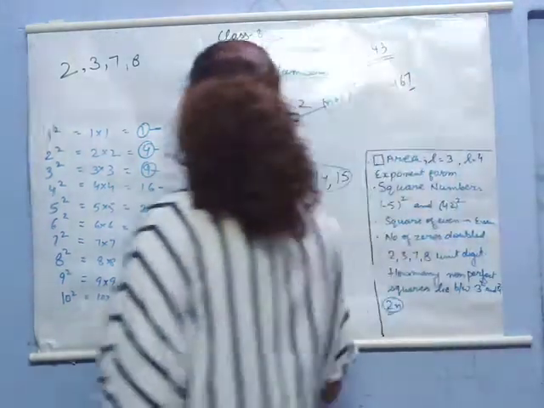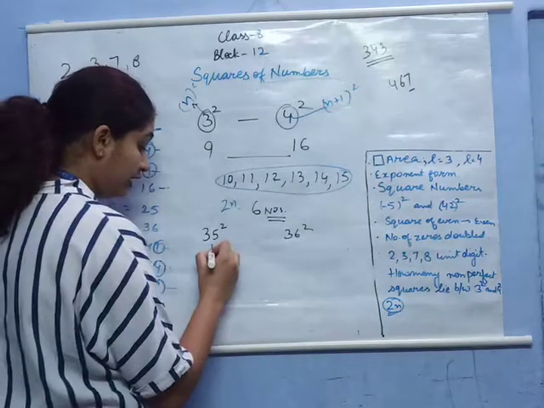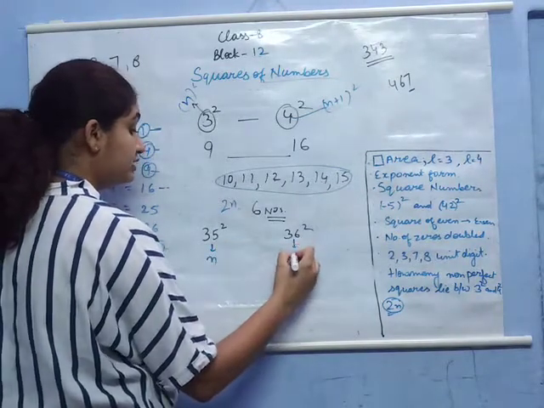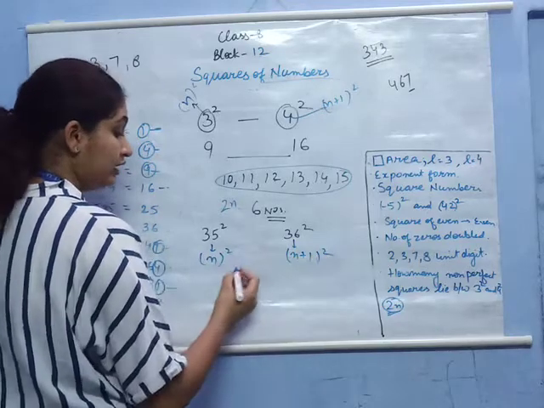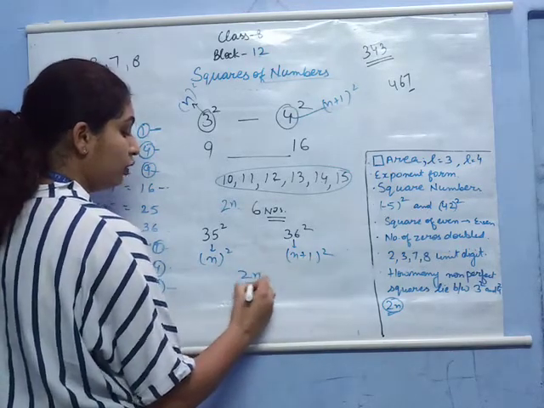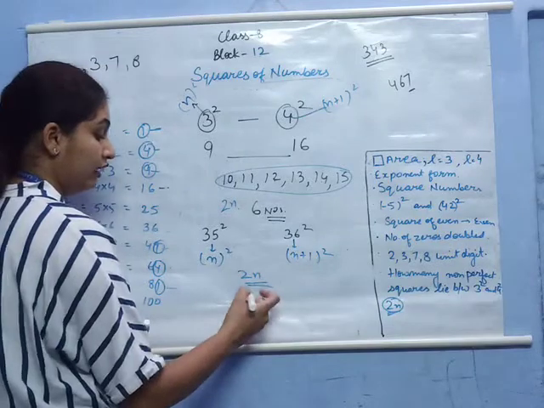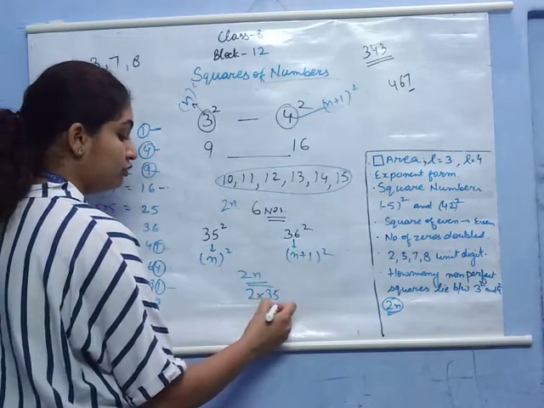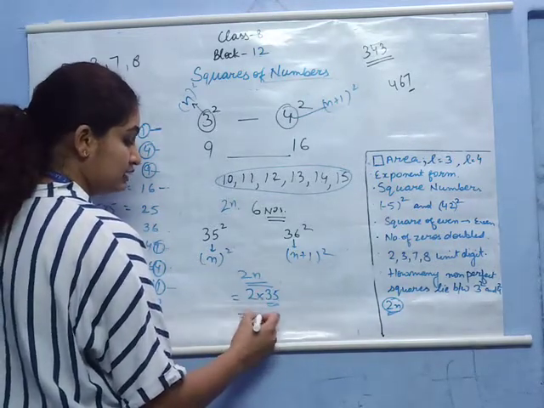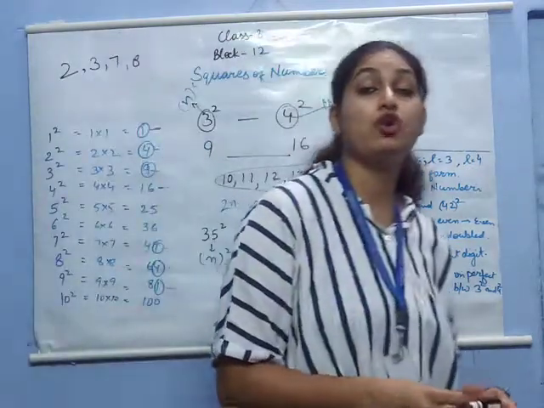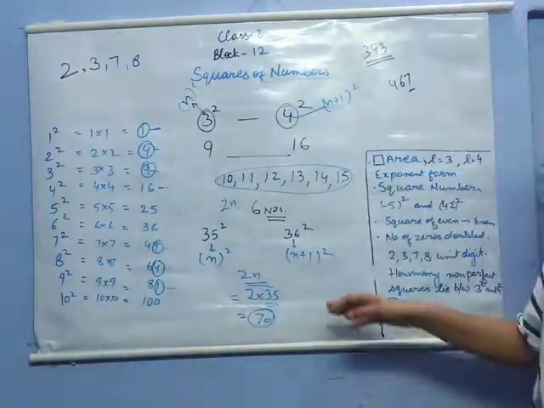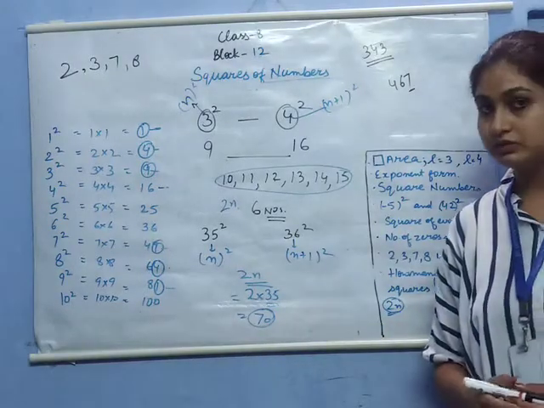So the smaller number becomes n over here, and this number is n plus 1. If we are talking about their squares, then how many non-perfect squares are there in between? 2n. That is 2 times 35, 2 times the smaller number, that is 70. There are a total of 70 non-perfect square numbers that lie in between. Is that clear to you now?